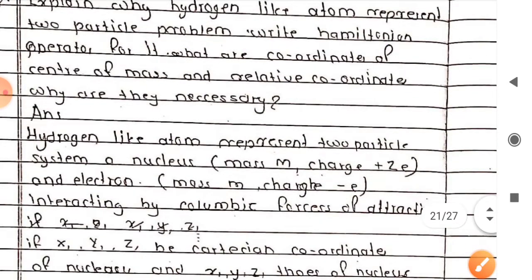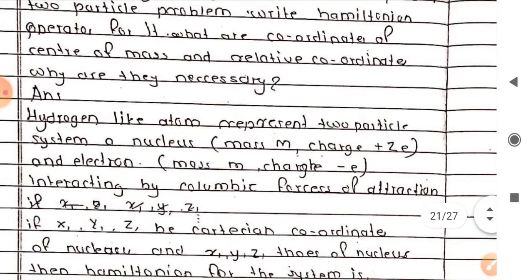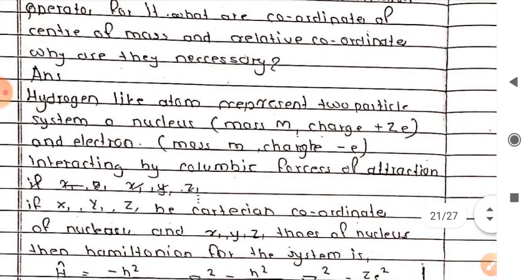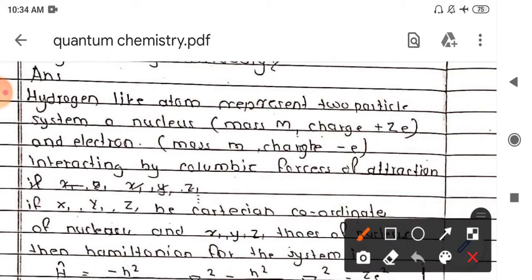Why is it necessary to have the coordinates of the center of mass and the coordinates of the relative motion? First of all, as we have considered previously, the hydrogen-like atom represents a two-particle system, in which the nucleus has mass capital M and charge plus Ze, where Z is its atomic number and e is the individual charge of the proton.